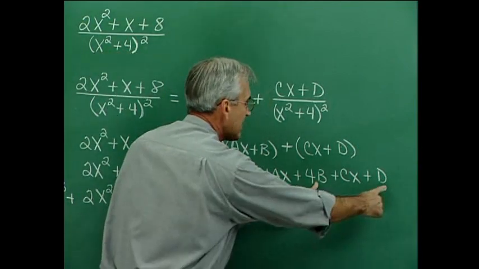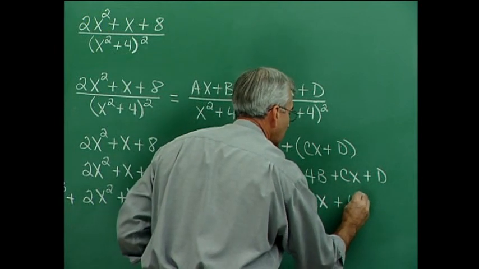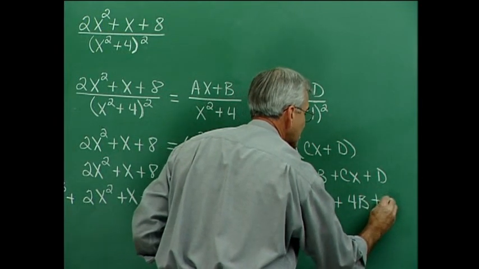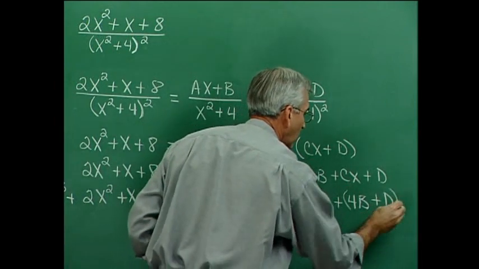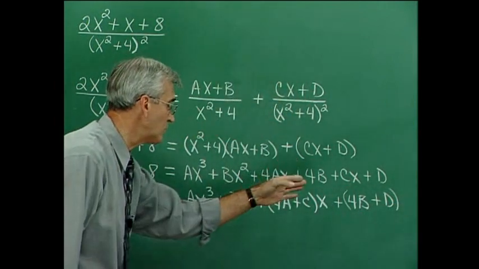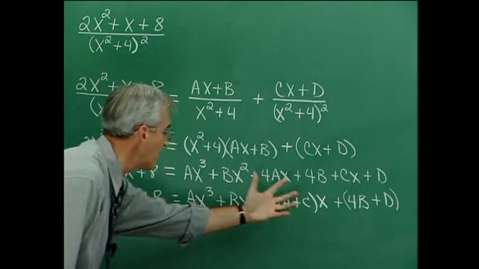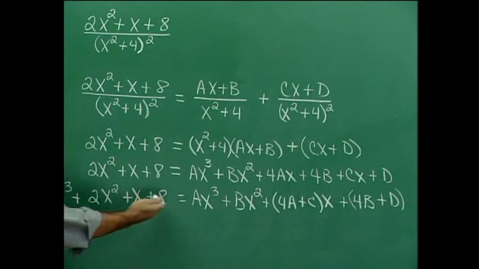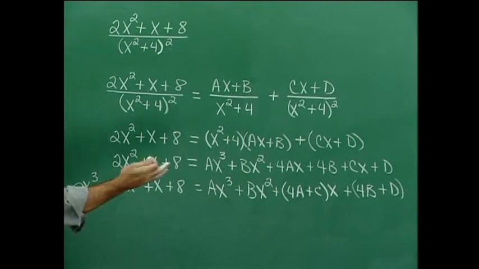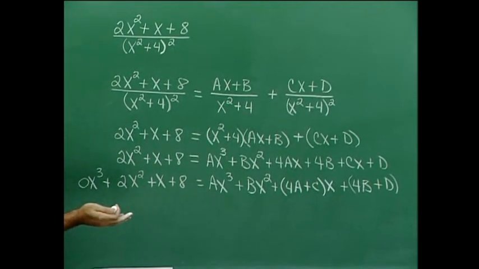Then we have 4b plus d. Now, 4b plus d is the entire constant here, so I'm thinking of this as one item. I'm thinking of all of these coefficients in order to create a correspondence with the coefficients and the constant over here. And that's all we do, is we just write those correspondences.